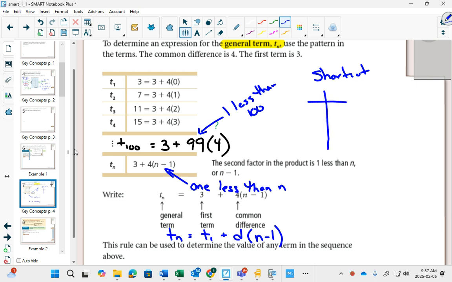The shortcut says, if I have term number and the value, so term number 1, 2, 3, 4, which in this case was 3, 7, 11, 15, we know that our slope is 4. That's the same as your common difference.